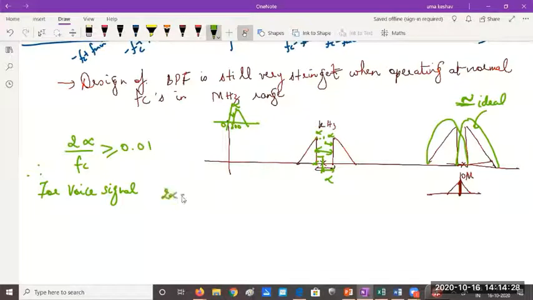So 2 alpha is 600, and 600 divided by f_c should be greater than or equal to 0.01. So what should f_c be? f_c should be less than or equal to how much? 600 divided by 0.01. How much would that be?